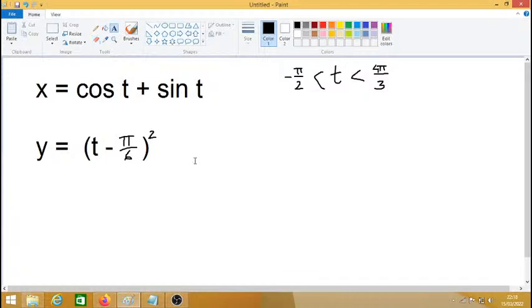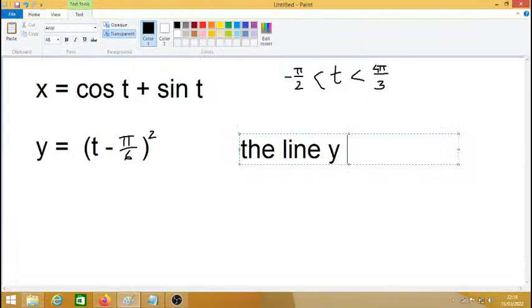And the question is: find the point where the curve intersects the line y equals pi squared.